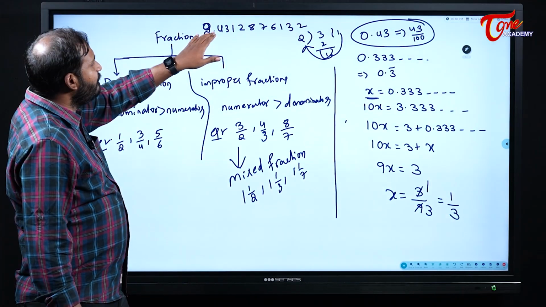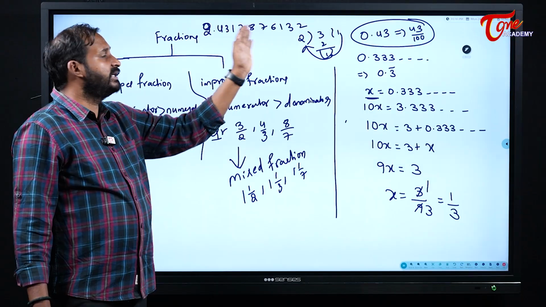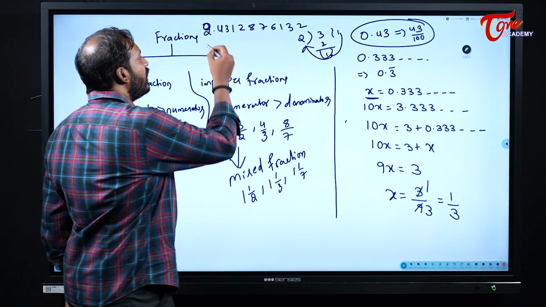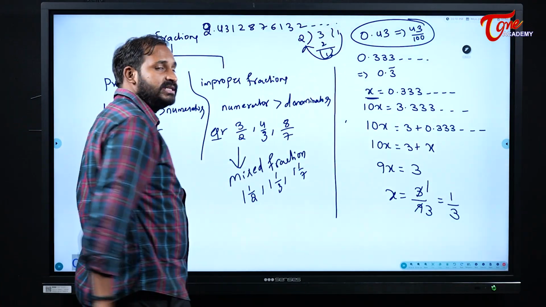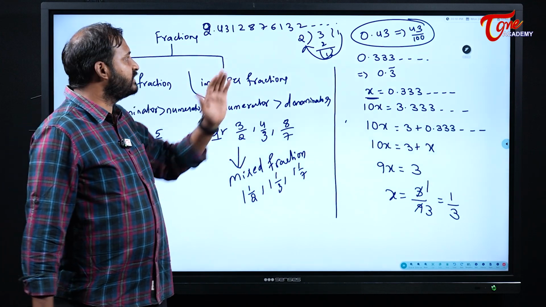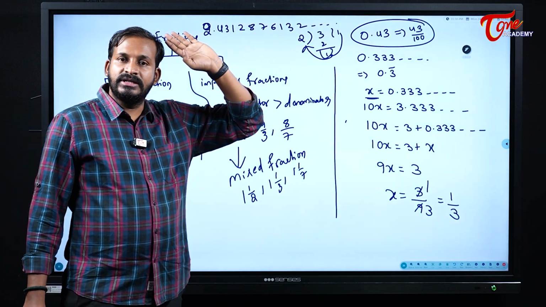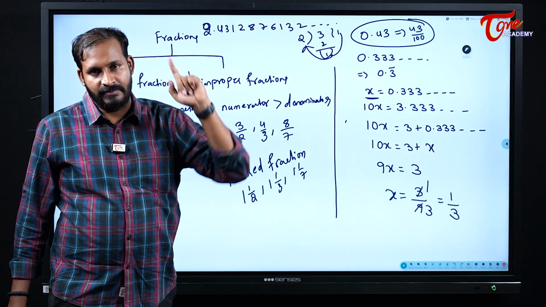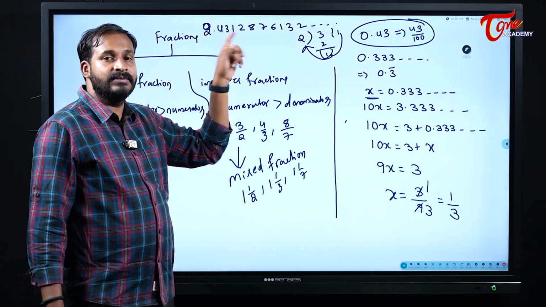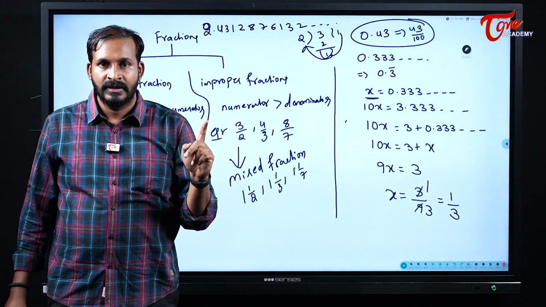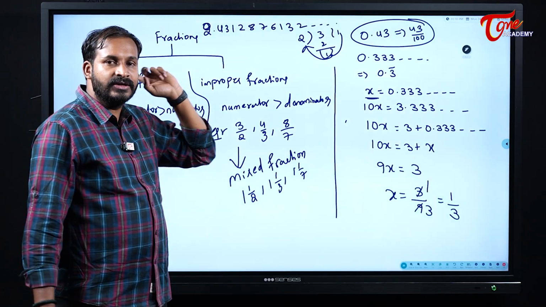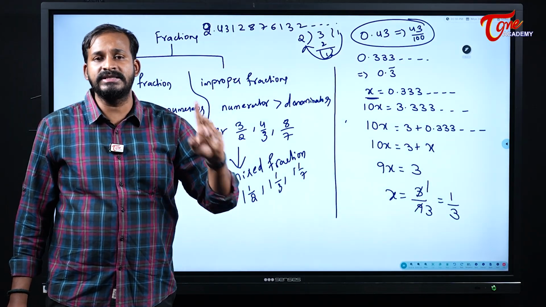It will not follow any particular pattern, and it is non-terminating, which means it does not end. So, these types of numbers are irrational numbers. Why? Because we cannot write these numbers in the form of P by Q. So, these numbers are called irrational numbers.